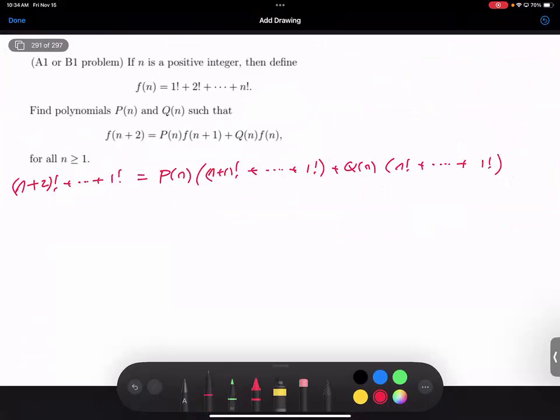So we would get n plus 2 factorial plus all the way down to 1 factorial is going to be, and now the question is, how do we want to deal with things?